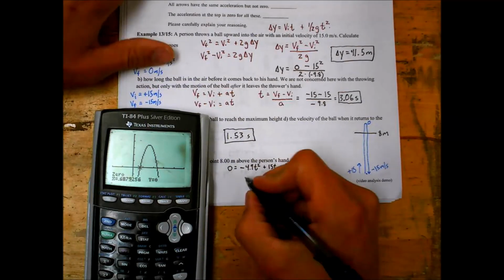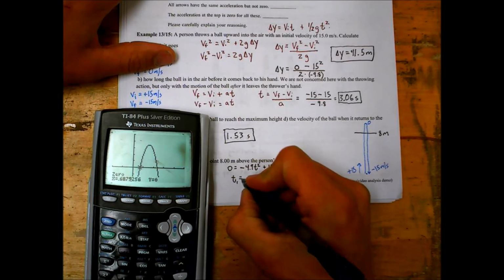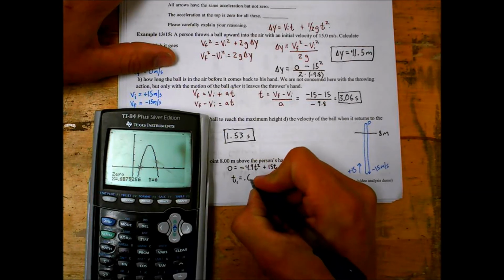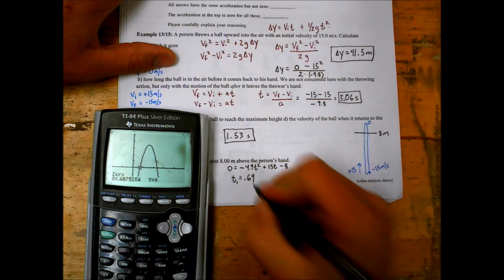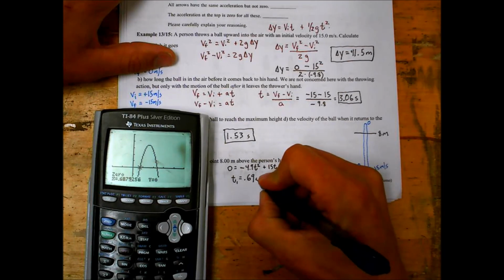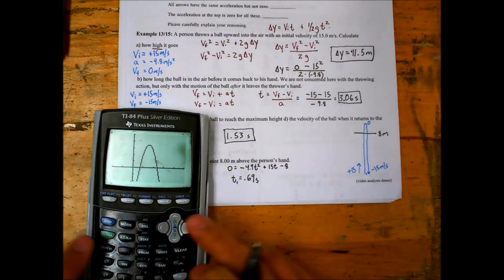Okay? So t1, I'm going to call it, is at point, I'm going to round that to 0.69 seconds. We'll keep 2 past the decimal here. I know I'm not totally following the rules of sig figs here. Okay, 0.69 there. Alright, now hit enter again, and let's get the other one.